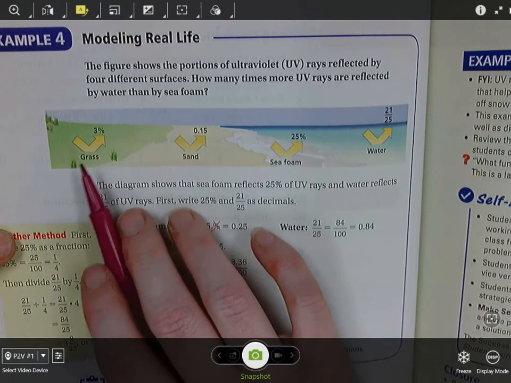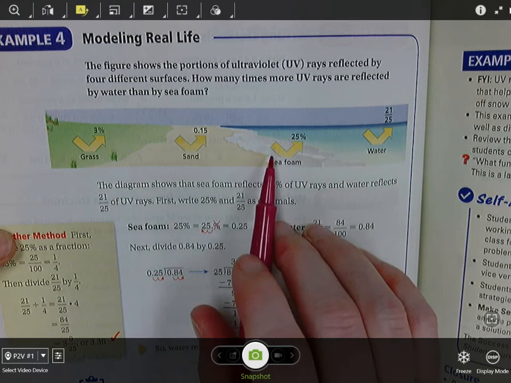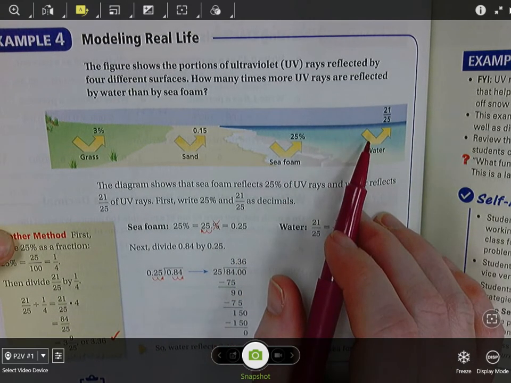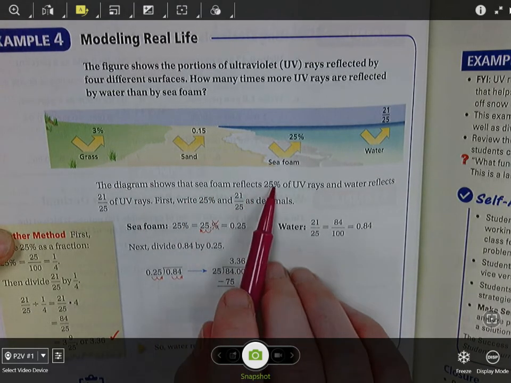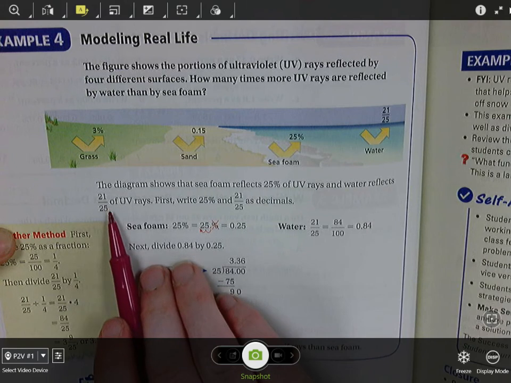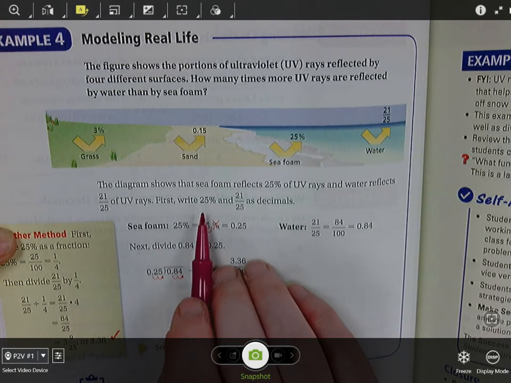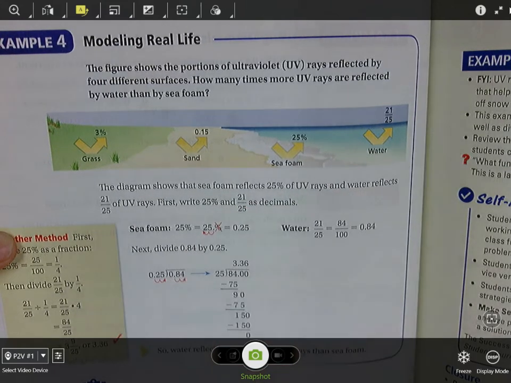Okay, so grass is 3%, sand is 0.15, seafoam is 25% and water is 21 out of 25. Okay, so the diagram shows that seafoam reflects 25% of UV rays and water reflects 21 out of 25 of UV rays. So first, we need to write the 25% and the 21 out of 25 as decimals.